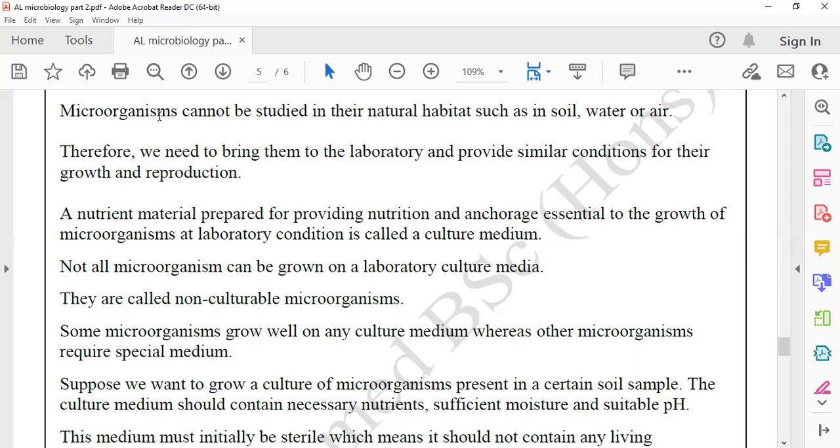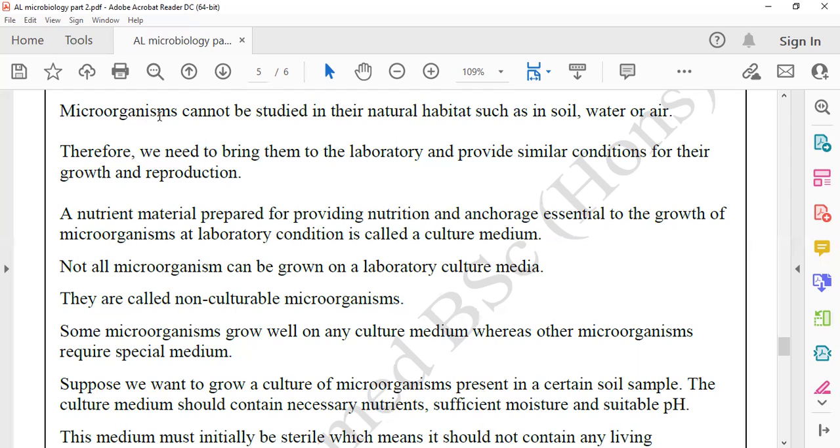Similarly, virus cannot be grown because virus needs a live medium. That means we grow virus on a chick embryo. Why?